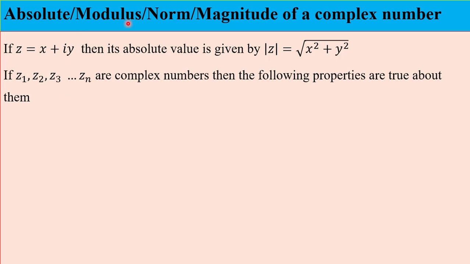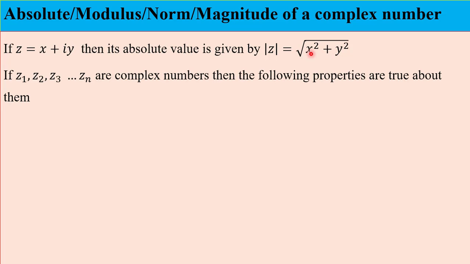So the absolute value, modulus, norm, or magnitude of a complex number can be obtained as follows. If z is equal to x plus iy, then its absolute value is given by the absolute value of z equal to the square root of x squared plus y squared.